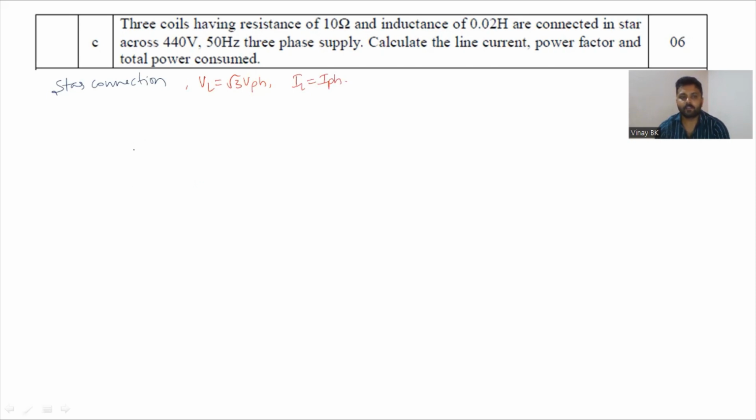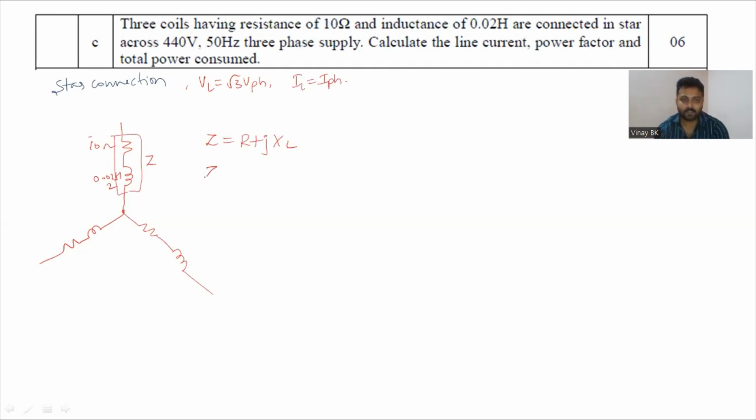The coils are connected in star. The coil consists of R and L, 3 coils. All the 3 coils have R and L. Balanced load, all the 3 loads have the same value, that is R is 10 ohm and L is 0.02 Henry. This is nothing but impedance Z. So how will we write Z now? Z is nothing but R plus jXL in case of an RL series circuit.